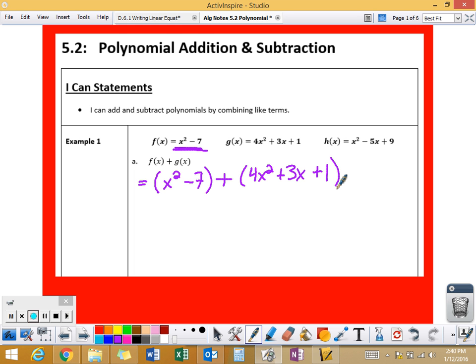So what I'm going to do now is I'm going to draw out what I have. For the first thing here, I have an x squared. Remember, an x squared is one of those squares. So what you can do is pull out one of your big x squared squares, because I have one of them. Okay? Then it says I have minus 7. Minus 7, remember, these are constants.